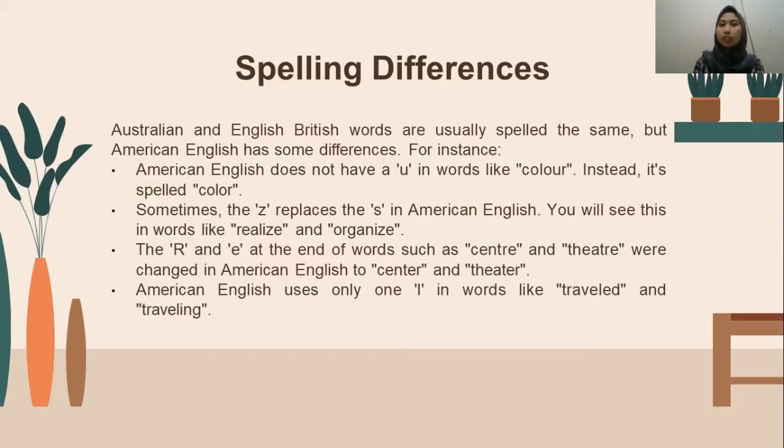The next one, the R and E at the end of words such as centre and theatre were changed in American English to center, C-E-N-T-E-R, and theater, T-H-E-A-T-E-R. The last one, American English uses only one L in words like traveled and traveling.